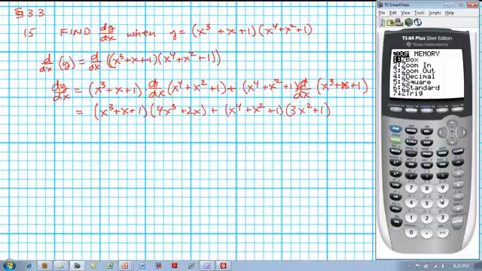Let me do a zoom fit. Not zoom fit. Yeah, a zoom fit. Let's see if we can get a better window.